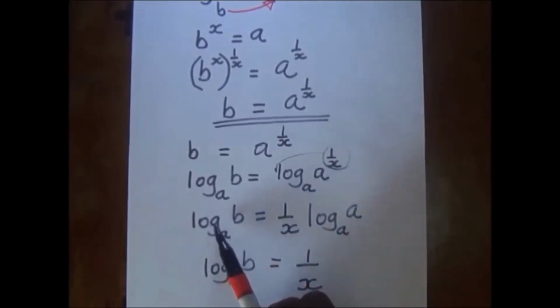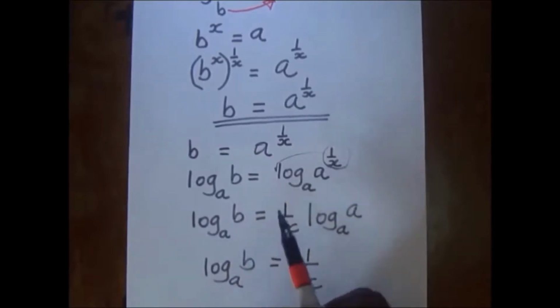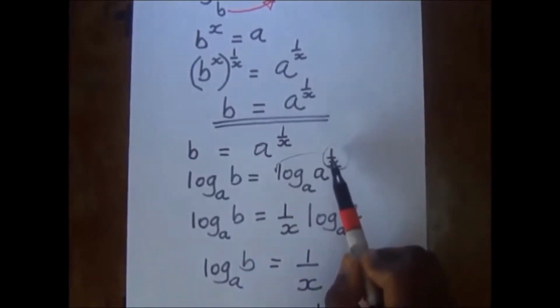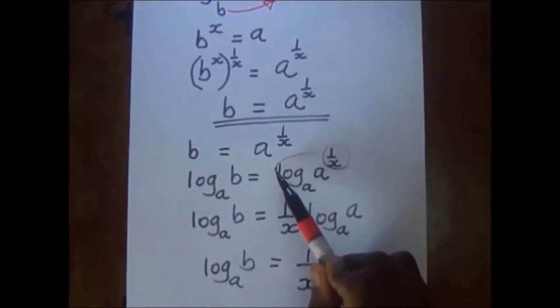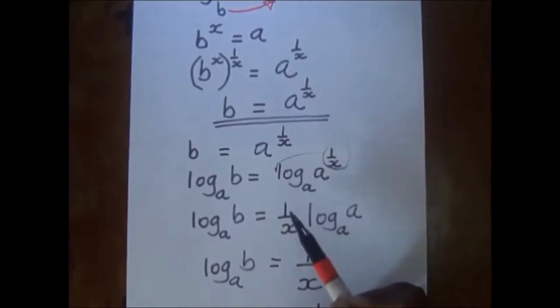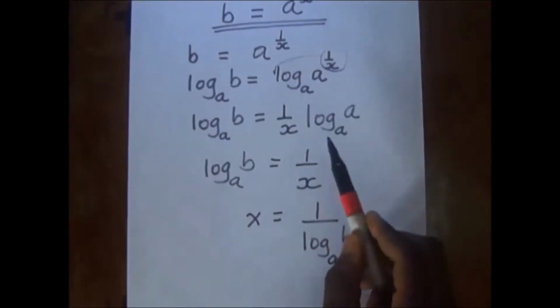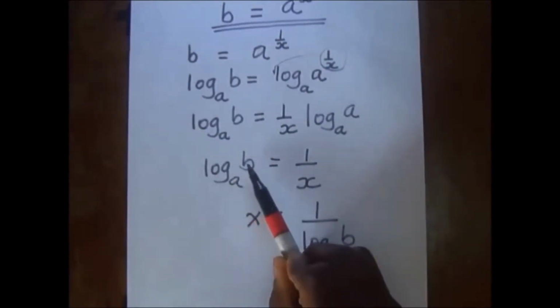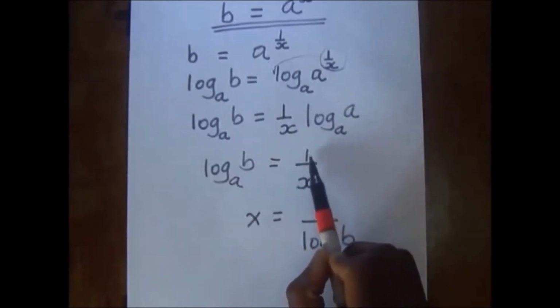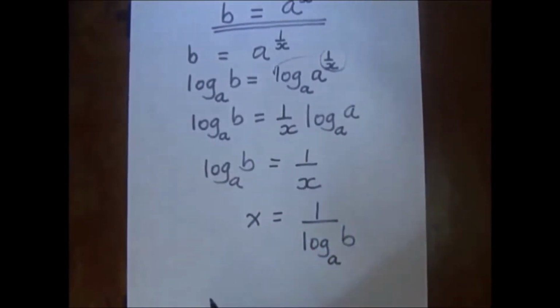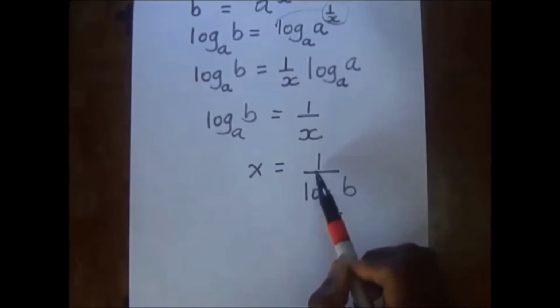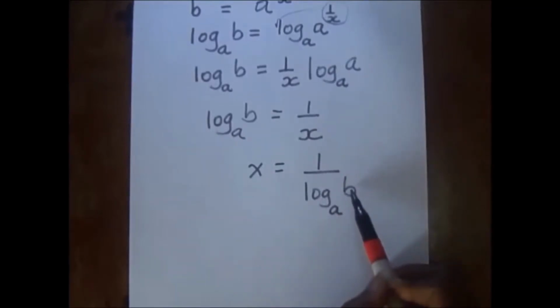So it's going to become log of b base a, giving us this 1 over x comes there from our law of logarithms. So it's going to become 1 over x log of a base a. So here we shall have that log of b base a is going to be equal to 1 over x, and we shall end up with x giving us 1 over log of a base b.